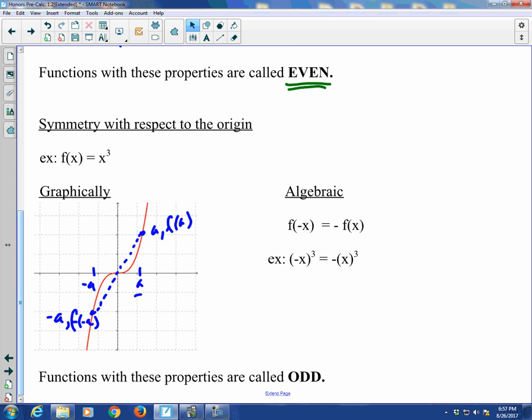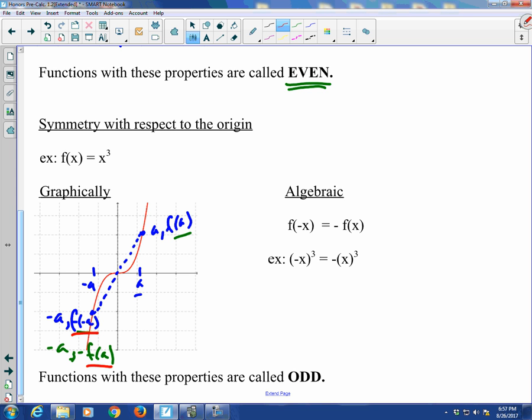But f of negative a is really the negative of the y value. So our ordered pair is negative a and then the negative of that y value for f of a, so negative f of a. This is what we're going to use to determine odd functions, or functions that are symmetric with respect to the origin.